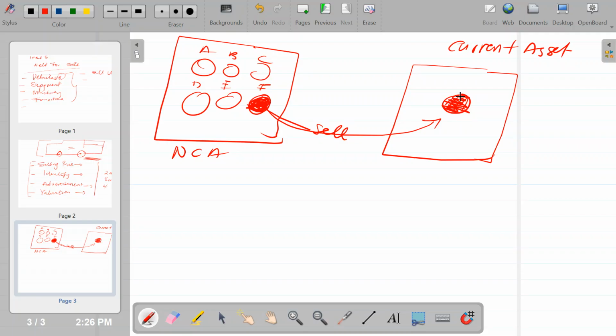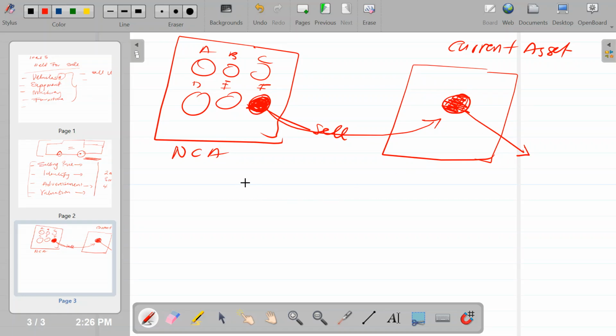Like we expect to realize it within a short period. Therefore, it doesn't qualify as non-current. So non-current assets are assets that we expect to use and maintain for more than a year. But since this asset we expect to sell within a year, we have to classify it as current assets.